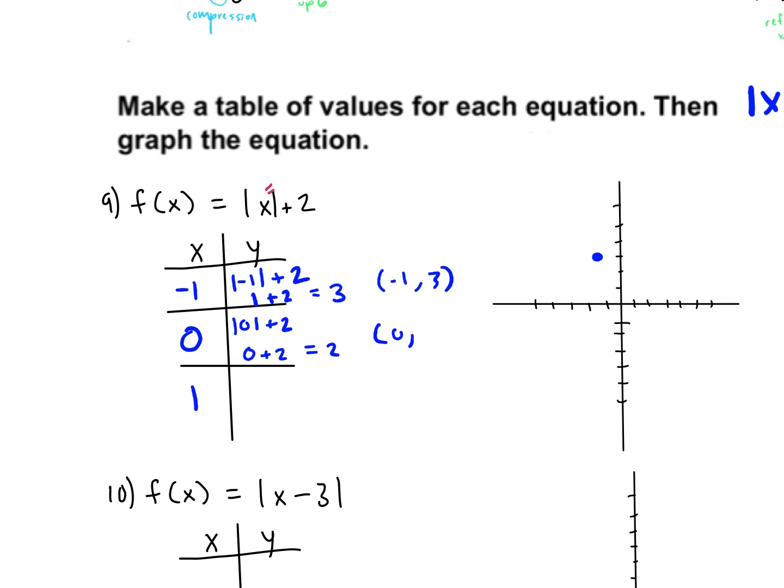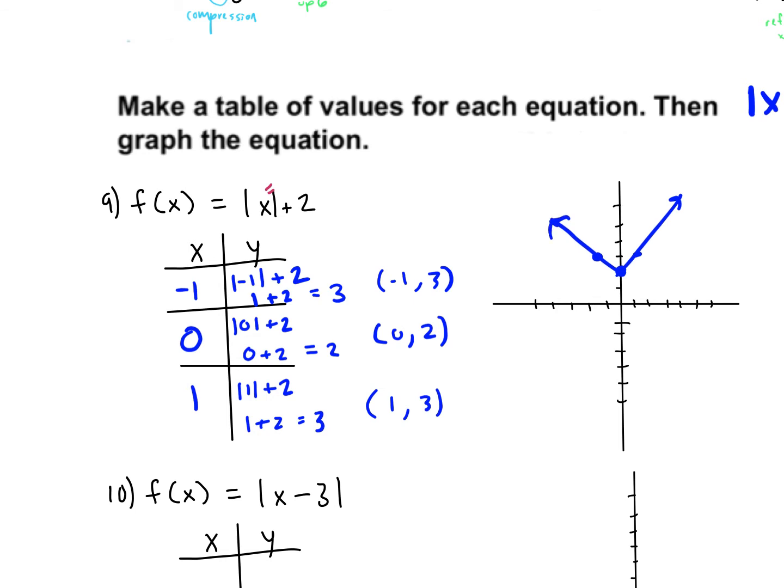So my next point is 0, 2. Stay on 0, go up 2. There's my point. And then the last number I'm going to plug in is 1. What's the absolute value of 1? 1, and 1 plus 2? 3. So this would be 1, 3. Go right 1, up 3. There's my graph.